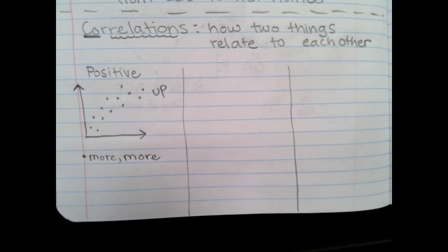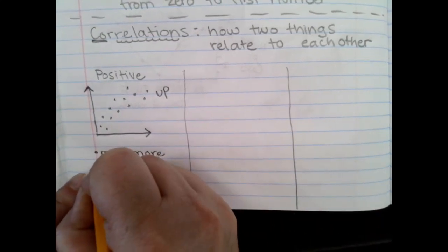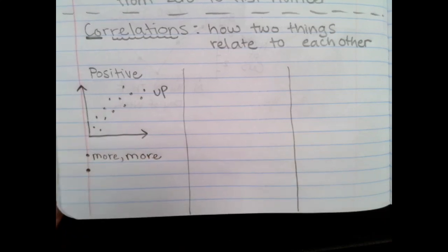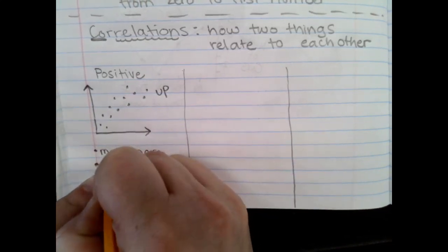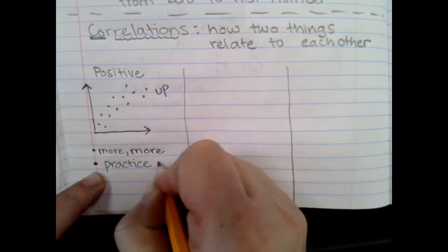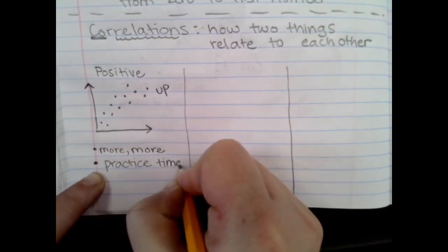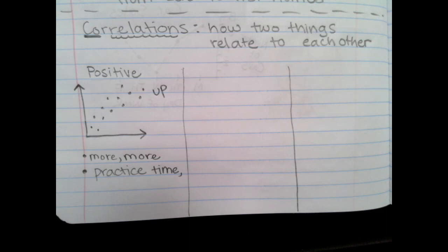Okay? So really a big one here is like if you're in a sport, or if you like to draw art, or if you are just trying to pass math, the more practice time you have, what's going to increase based on the amount that you practice? If you practice more, then you get better scores, you do better, your skills increase, right?